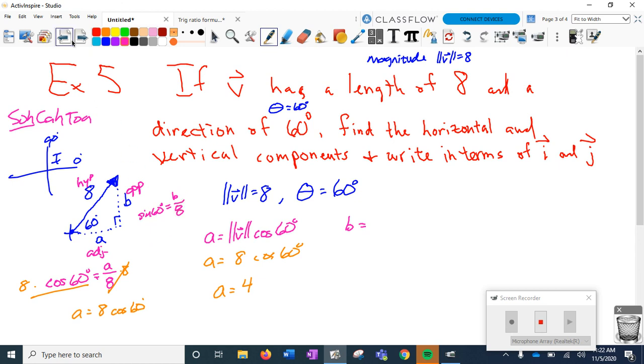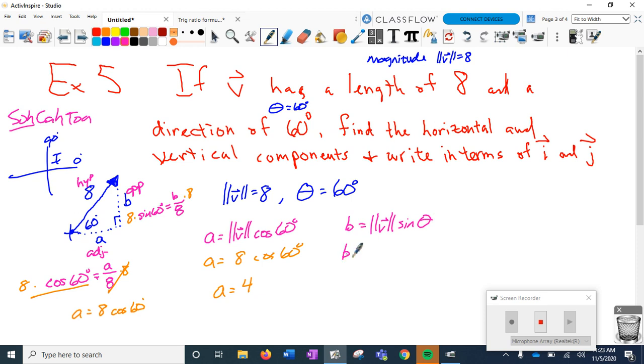The same math is going to take place. If I want B by itself, I'm going to multiply by 8 on both sides. That's why we can just say, real simply, that the vertical part is the magnitude times sine of the angle.